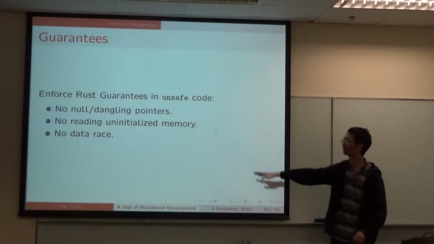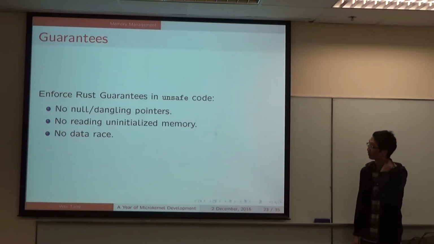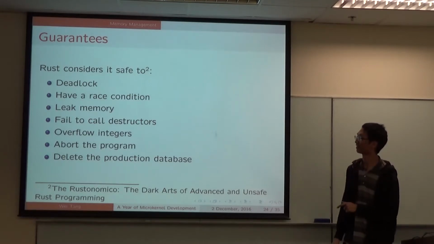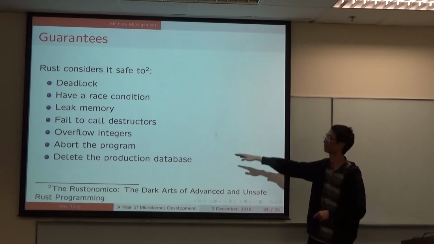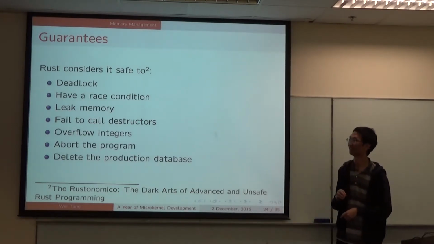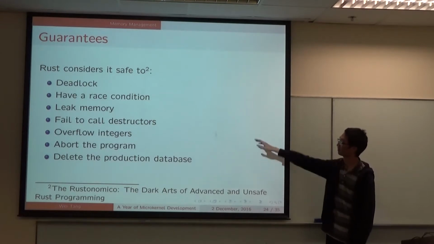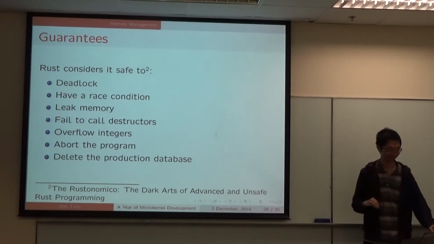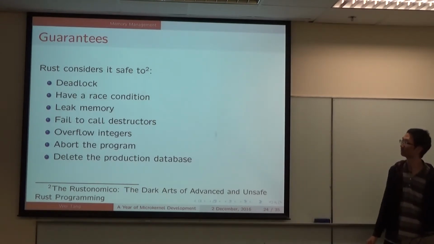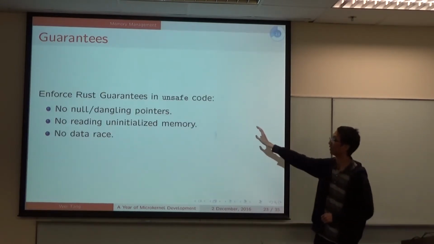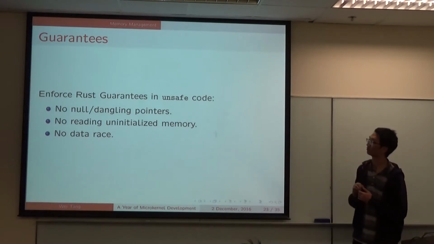Those things are enforced at compile time. However, Rust considers it safe to have deadlocks, which happens a lot in kernel development, actually, for me. So these are the things I'm not guaranteed. But even just with those three, it actually works a lot.